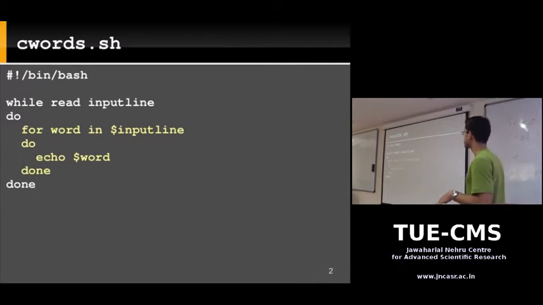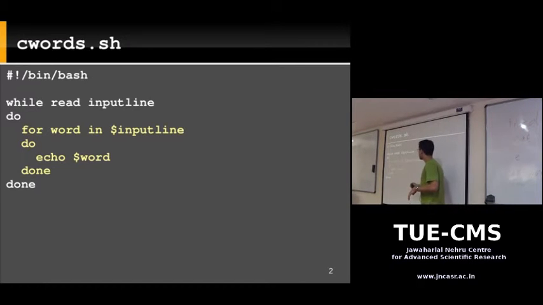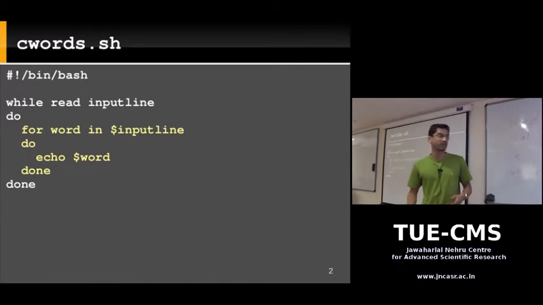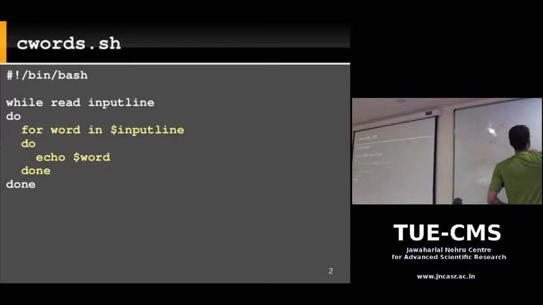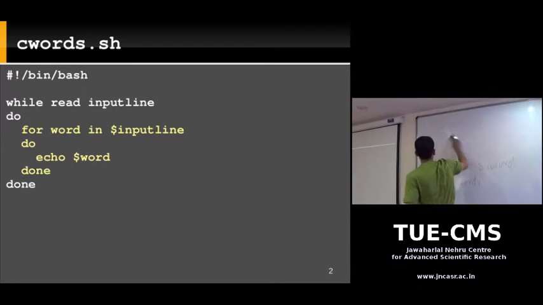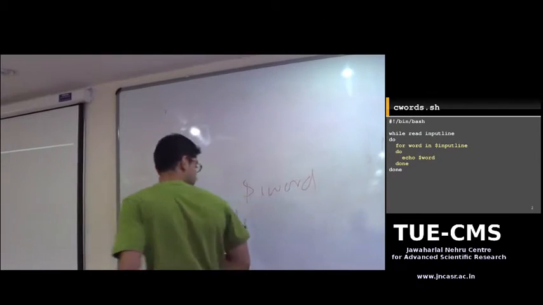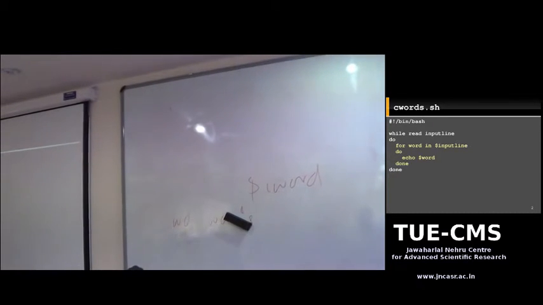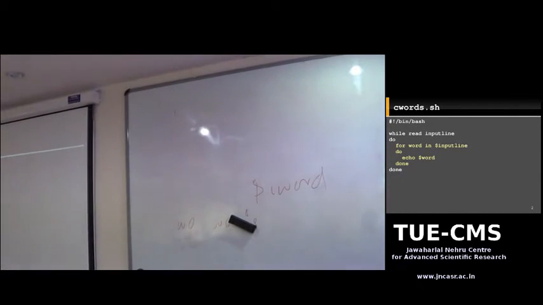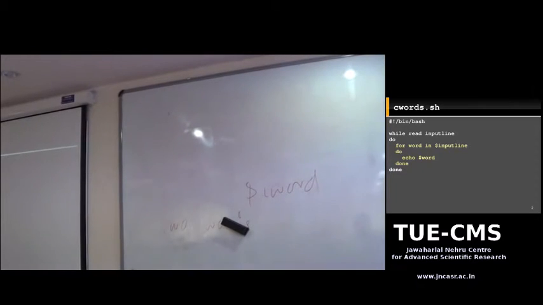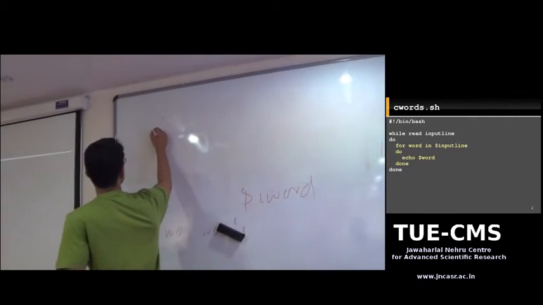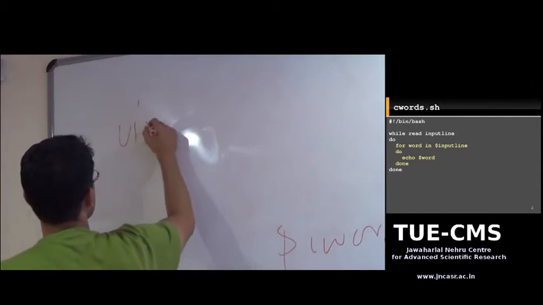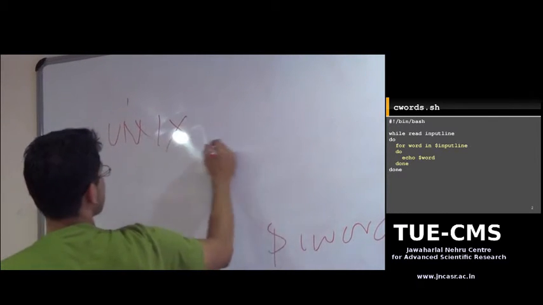We'll use a for loop. So what does input line expand to? Suppose our text file had some first line, some sentence.